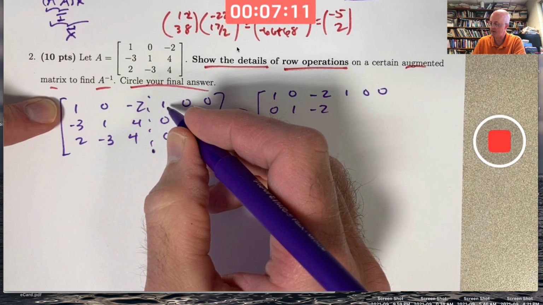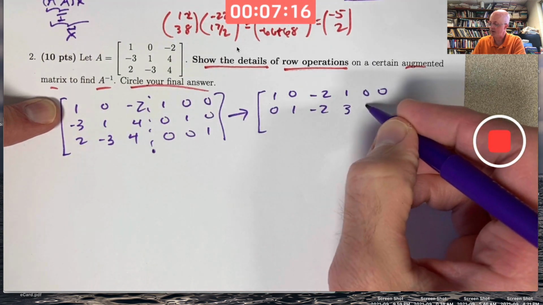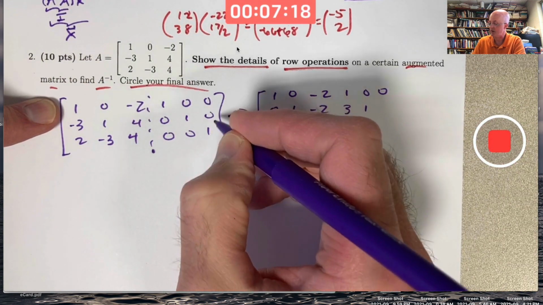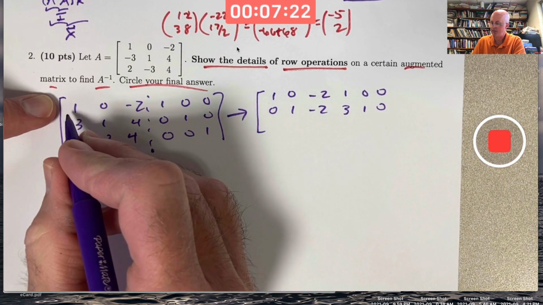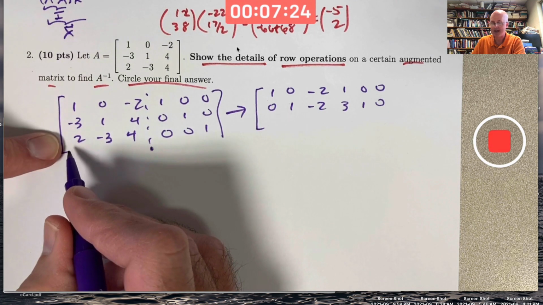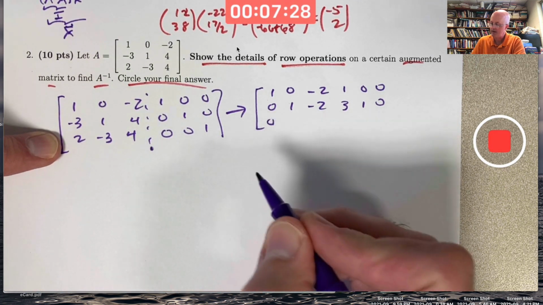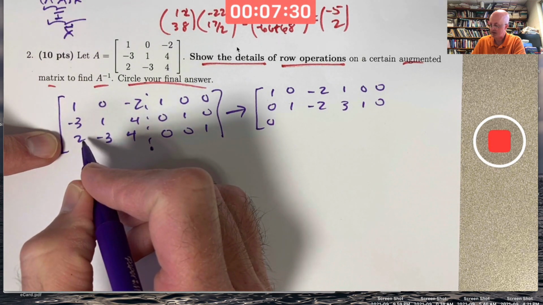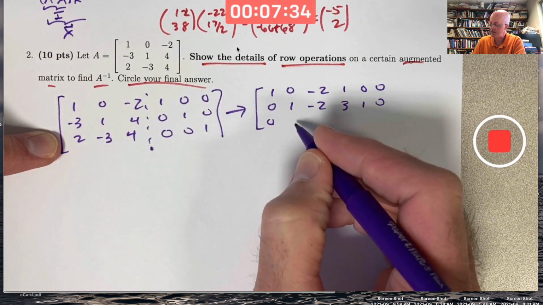1 times 3 is 3, plus 0 is 3. 0 times 3 is 0, plus 1 is 1. And 0 times 3 is 0, plus 0 is 0. Also, I'm going to do another row operation. I'm going to multiply row 1 by negative 2 and add it to row 3 so that I get a 0 right there. 1 times negative 2 is negative 2, plus 2 is 0. 0 times negative 2 plus negative 3 is negative 3.